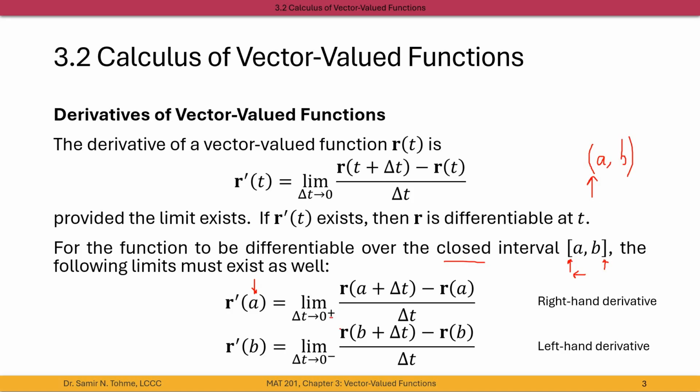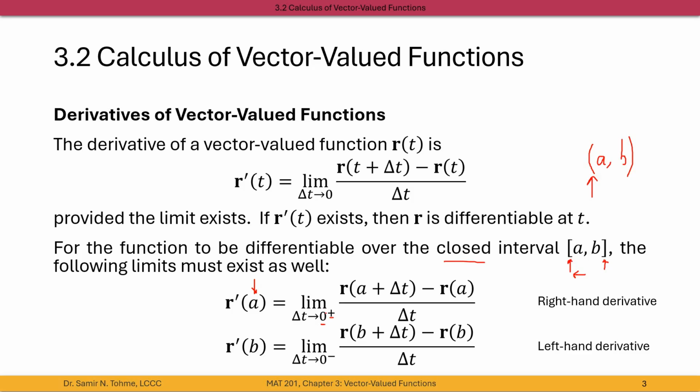Delta t again is the increment, which means this increment is getting smaller and smaller, approaching 0, and the distance between you and a is becoming smaller and smaller.